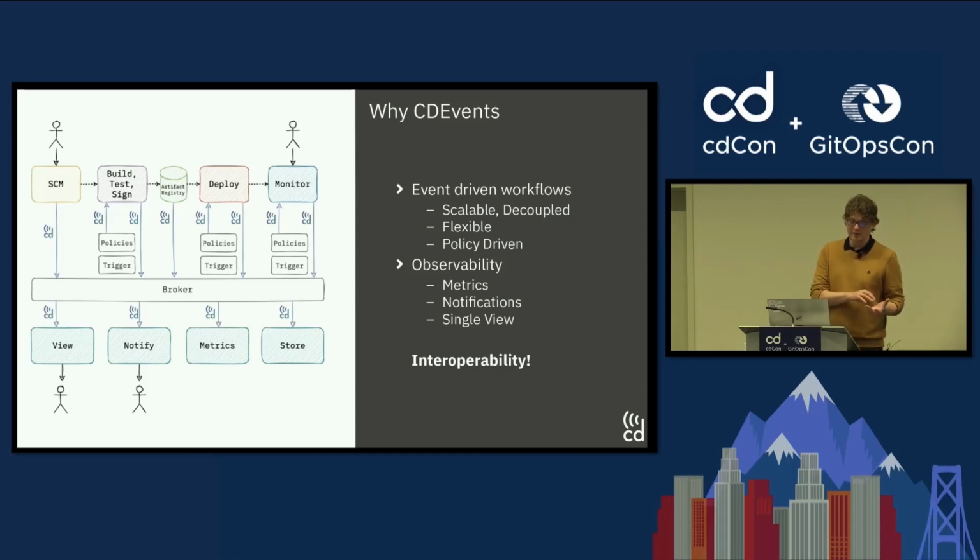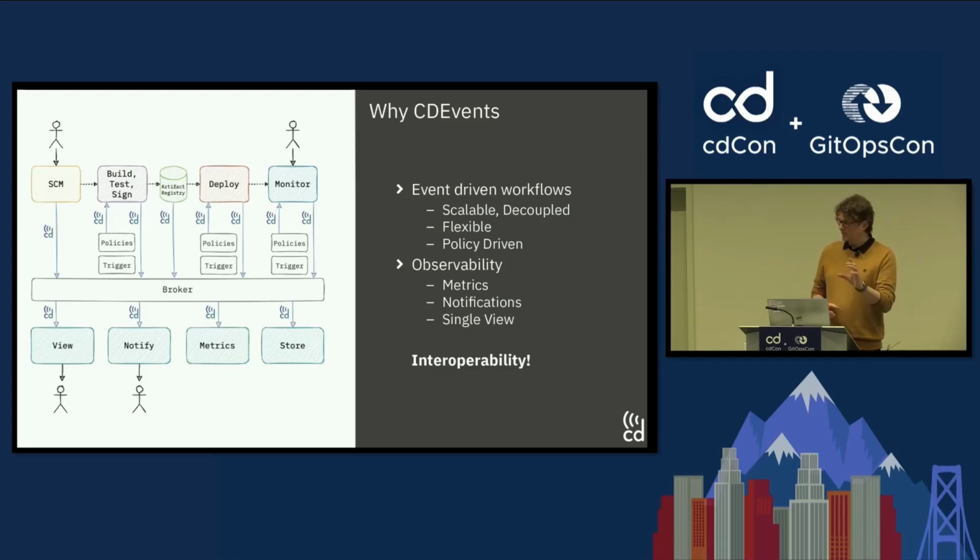Consider the case where you have certain logic built to calculate metrics or to visualize your pipeline, to take decisions based on certain information, and this information is coming from a certain tool that you're using for building. Now, if another team comes in that uses a different tool for building, but the tool generates events that speak the same language as the other tool, you don't need to change anything else in your system around it.